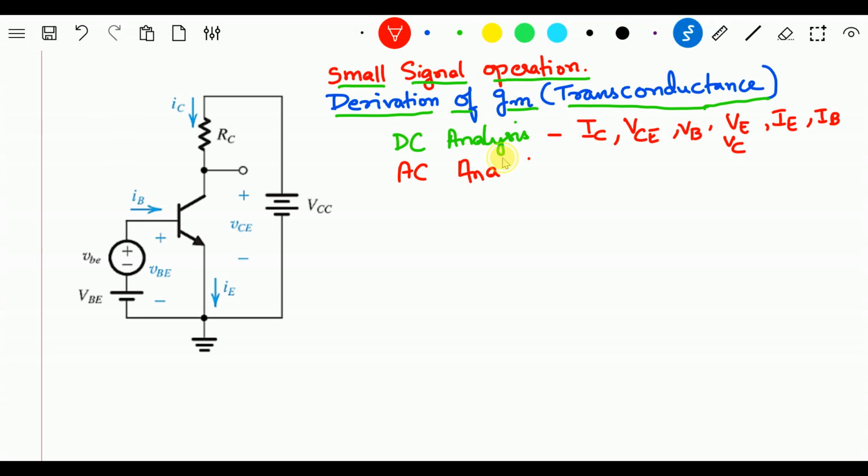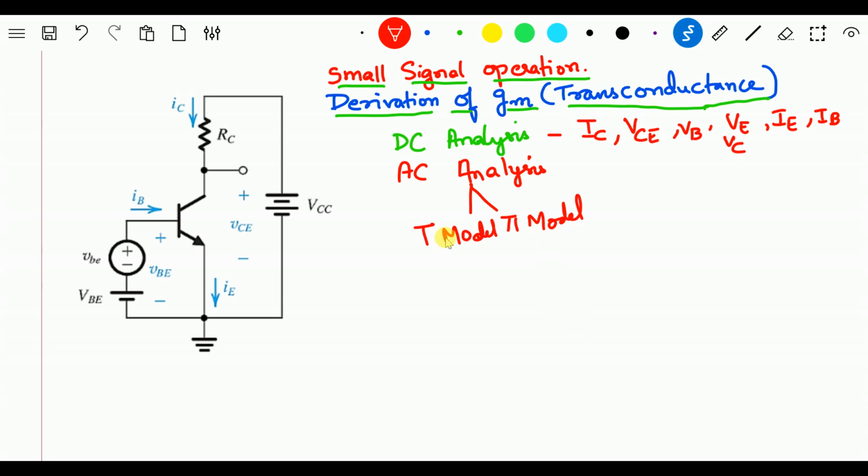Now coming to AC analysis, let us start with that. When I go with AC analysis, that is where you will come across the T model and pi model. Why do we go with these two models?